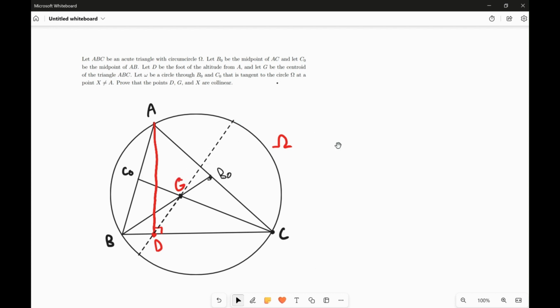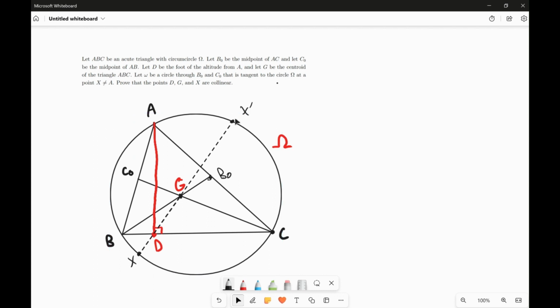There we go. And then the two intersection points of DG and the circumcircle end up being this point X prime and then X. And we want to show that one of the points of intersection ends up being the one where B0, C0, X is tangent to the circumcircle.